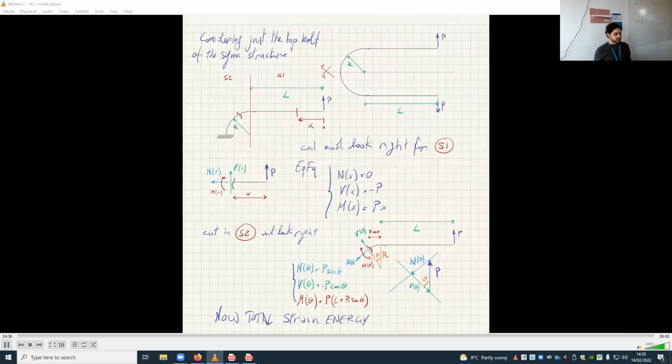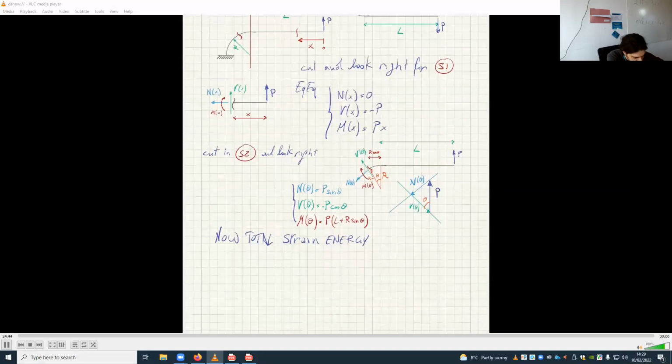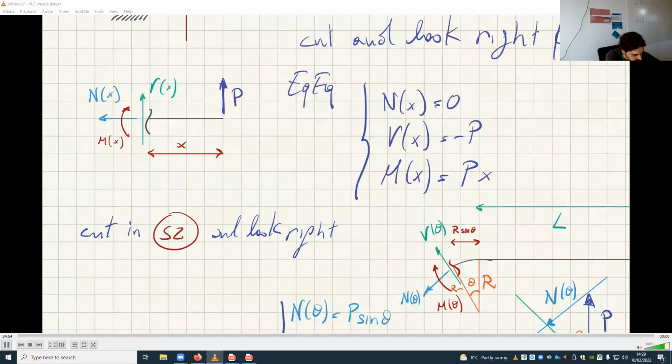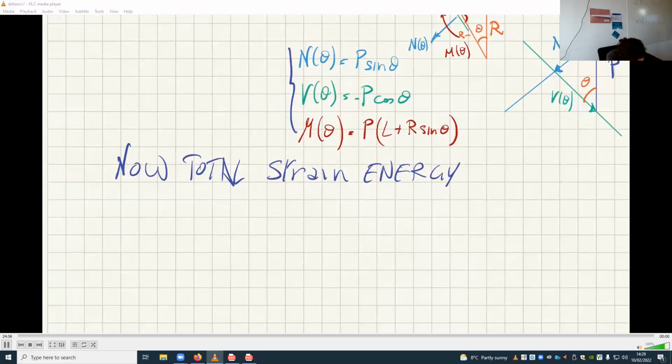It is the total strain energy of the straight segment plus the total strain energy of the curved segment. Let's call this point A, this point B, and this point C. And so the total strain energy, U total, is UAB plus UBC.